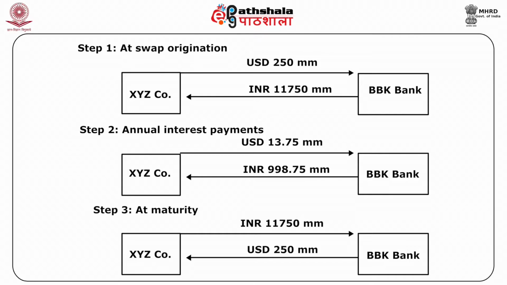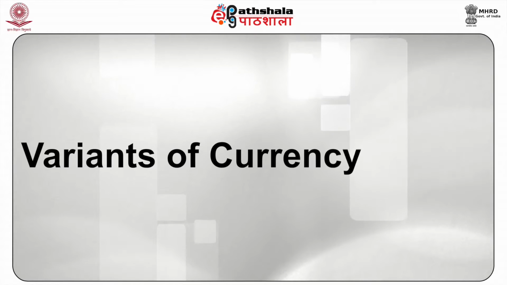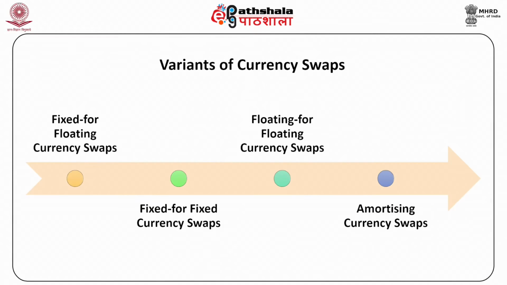The company may pay USD in step 1 and receive INR, and receive euro in step 3 and pay INR. Depending upon the client's requirement, banks structure swaps with varying features. Variants of currency swaps: like interest rate swaps, currency swaps have the following forms: fixed for floating currency swaps, fixed for fixed currency swaps, floating for floating currency swaps, and amortizing currency swaps.